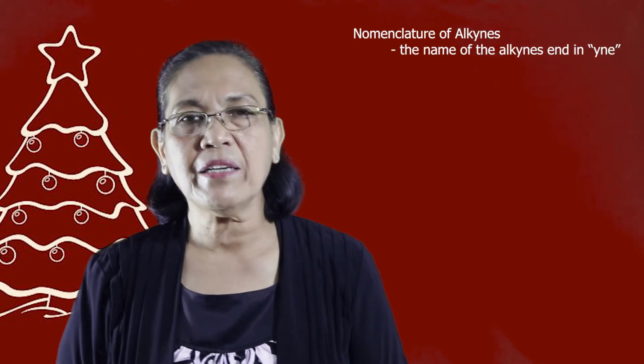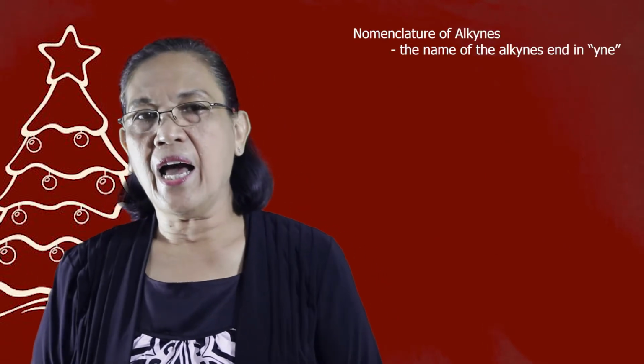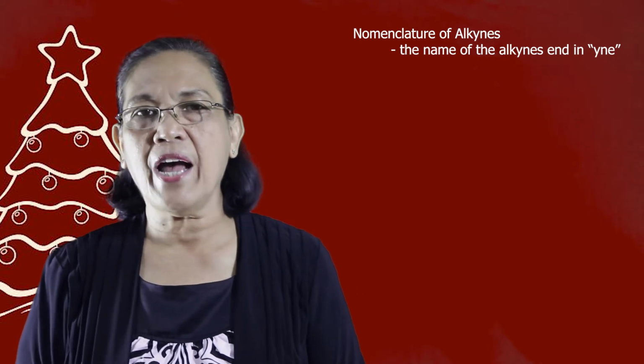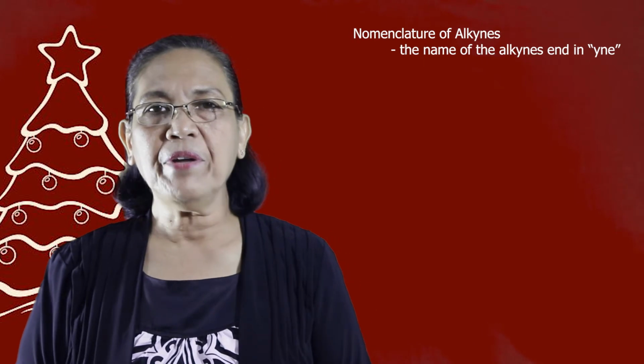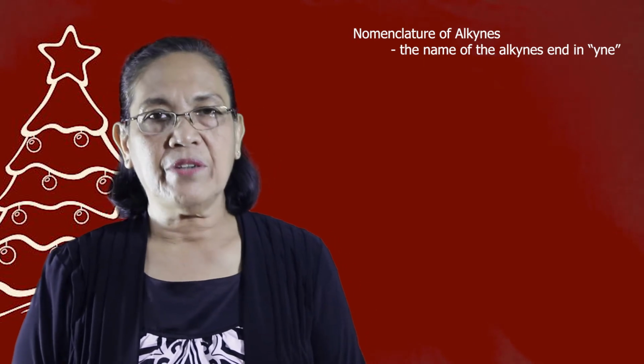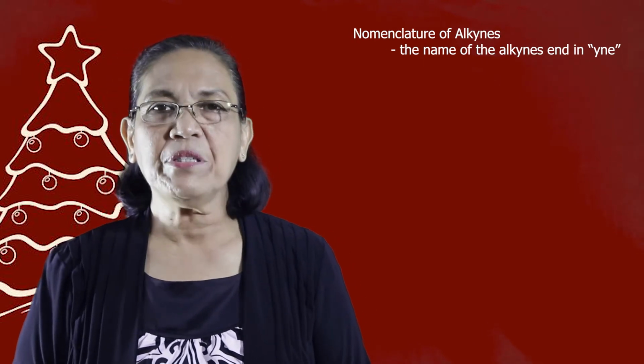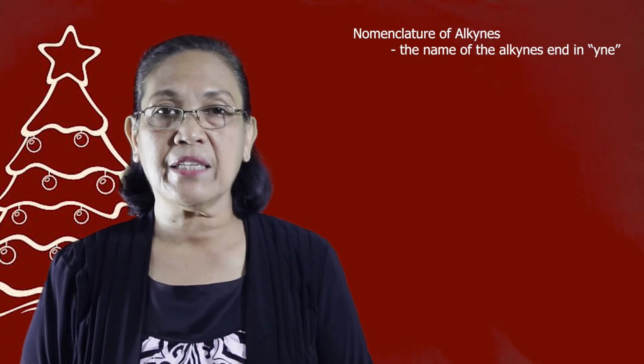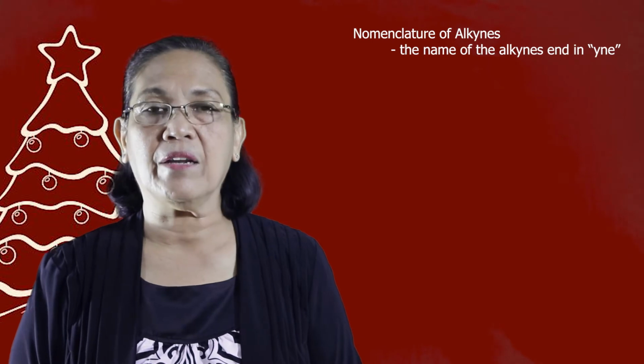Let's go to the nomenclature of the alkynes. We said that alkynes are hydrocarbons in which the carbon atoms are joined by triple bonds. The names of the alkynes end in y-n-e, that's why it's yne, or alkyne.